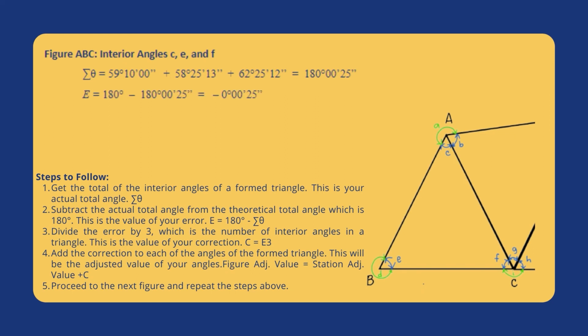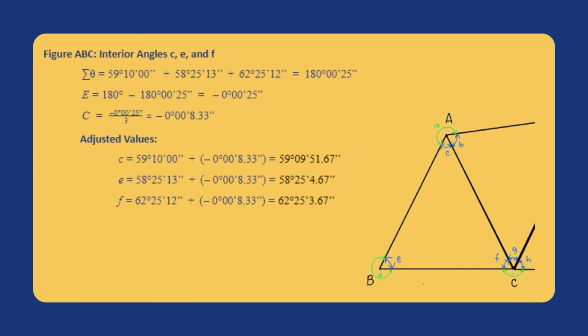We can then get our error with 180 degrees minus 180 degrees and 25 seconds, which leaves us with negative 25 seconds. We then divide this by 3 since we have 3 interior angles in a triangle, and we then get negative 8.33 seconds. We then add the negative 8.33 to each of the interior angles in figure ABC.